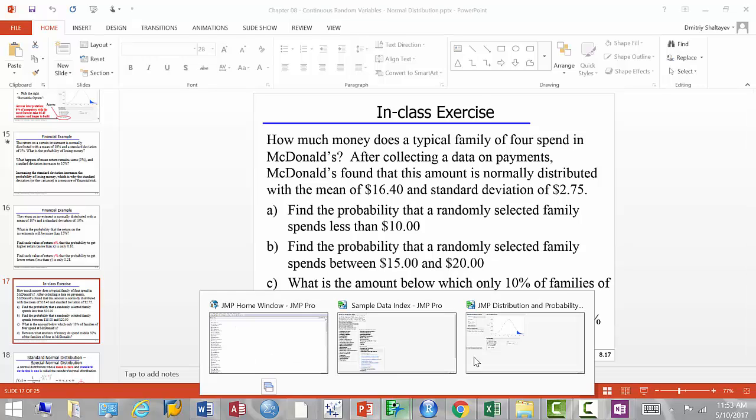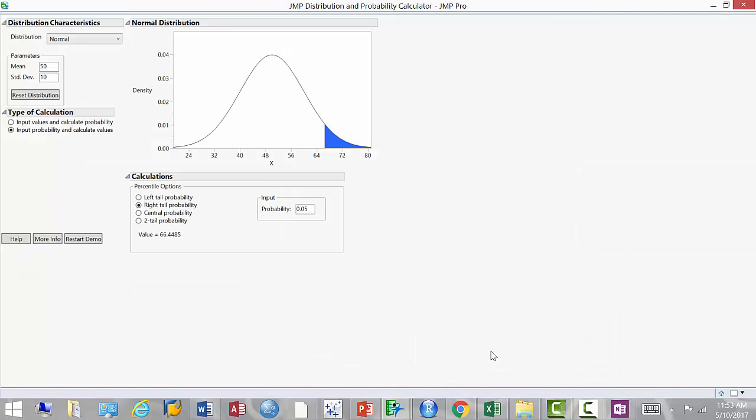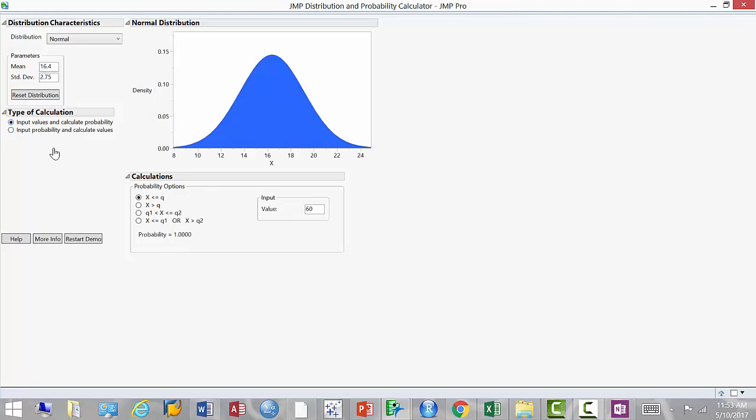Okay, so let's switch to the distribution calculator, and I have to adjust my mean now. 1640 is the average, and my standard deviation is 275. I'm computing probabilities now, given values. I have to look at less than a number, and that number would be 10.